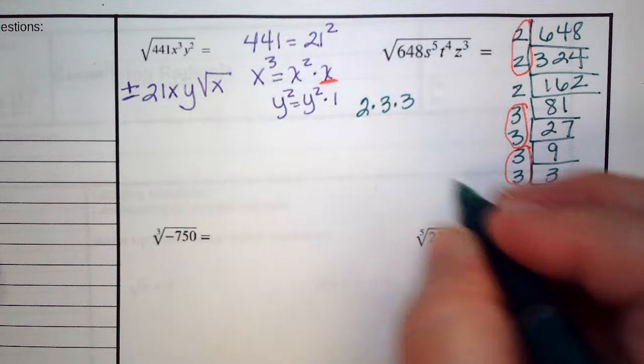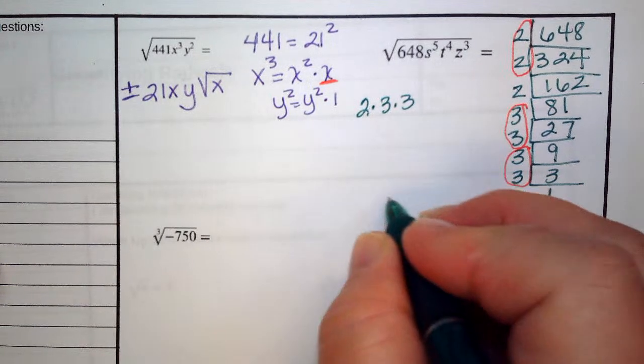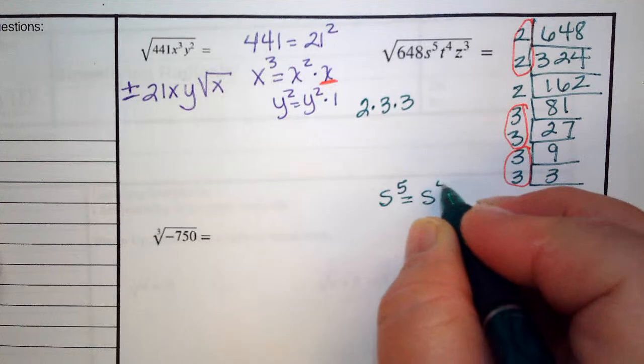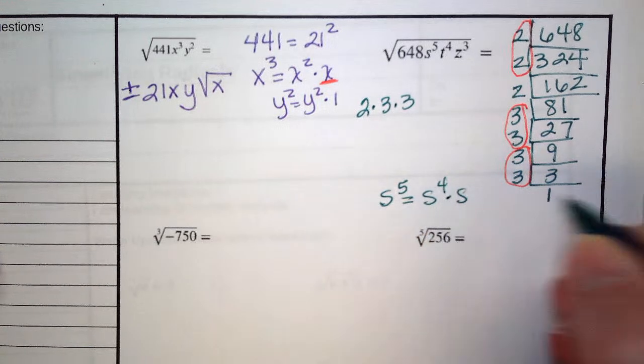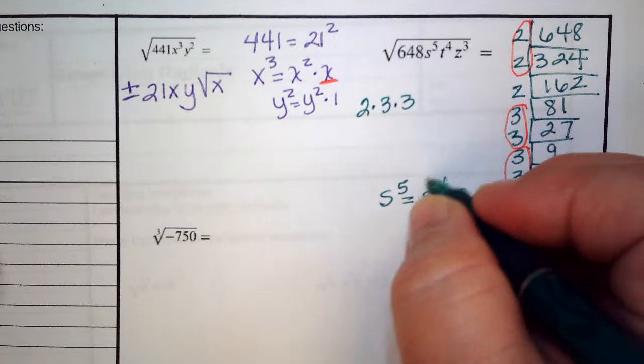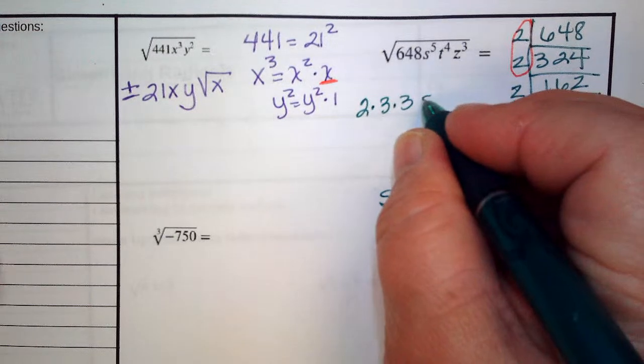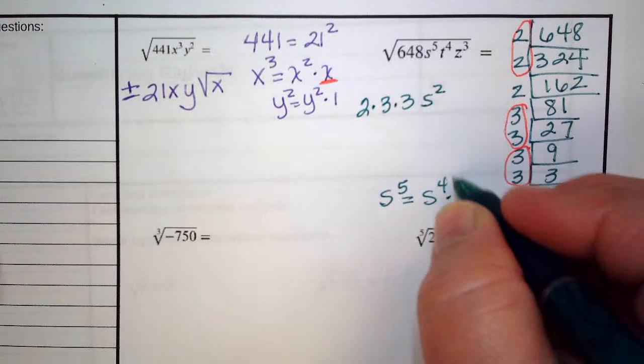Okay, what about s to the 5th power? That is s to the 4th times s. So I can bring 2 of these out, so this will be s squared. I just divide that in half.